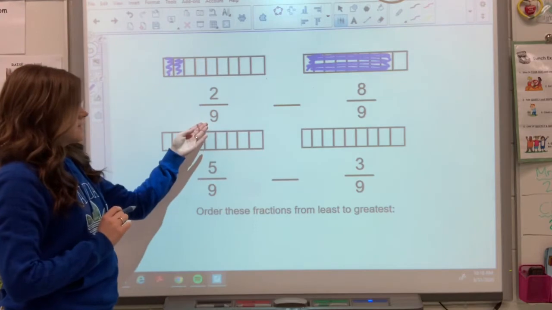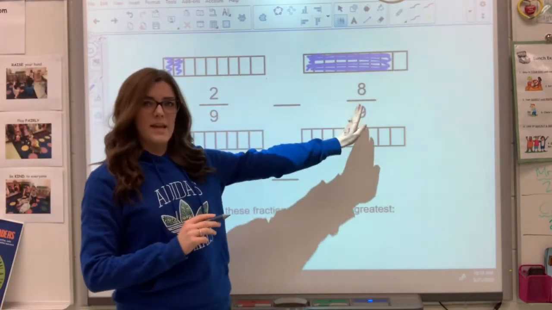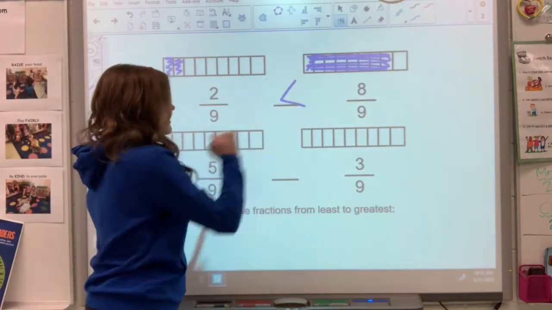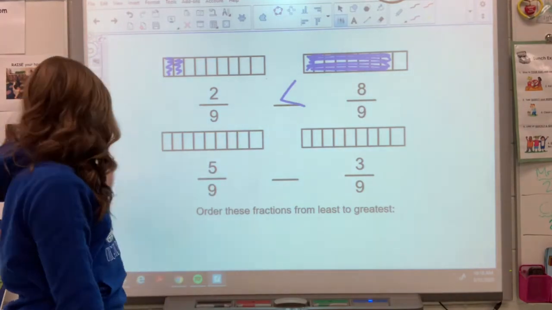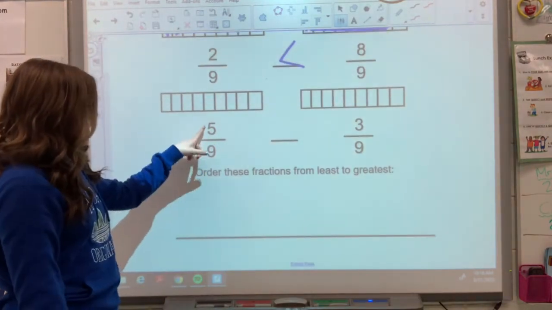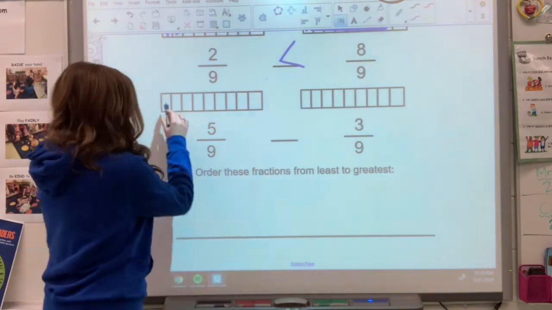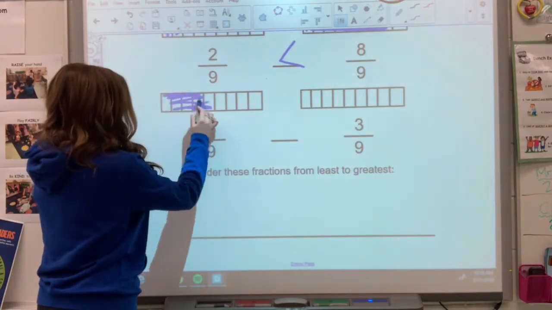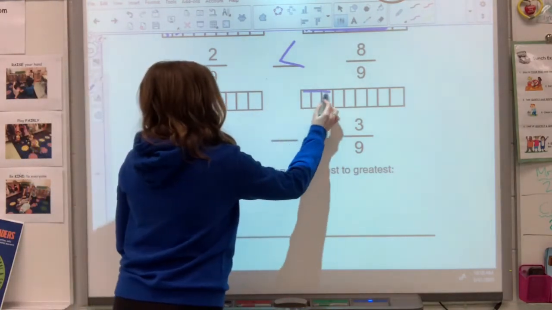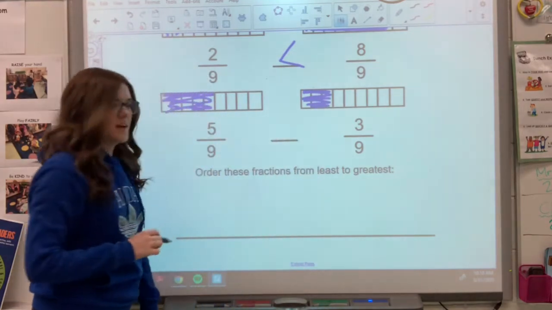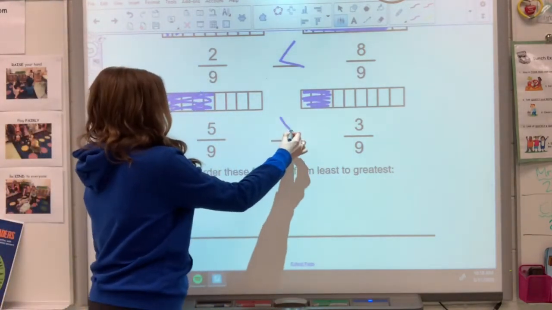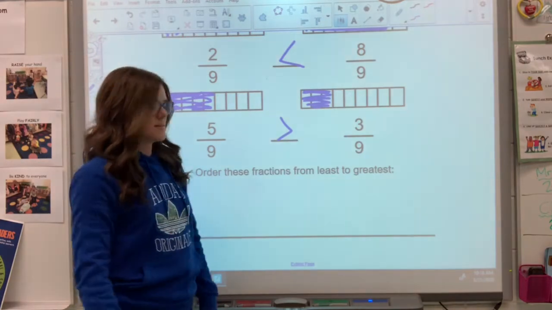So 2/9 is definitely smaller than 8/9. So Allie the alligator is going to be facing 8/9. The next two I'm comparing are 5/9 and 3/9. 5/9 is definitely bigger, so Allie the alligator is going to be facing 5/9.